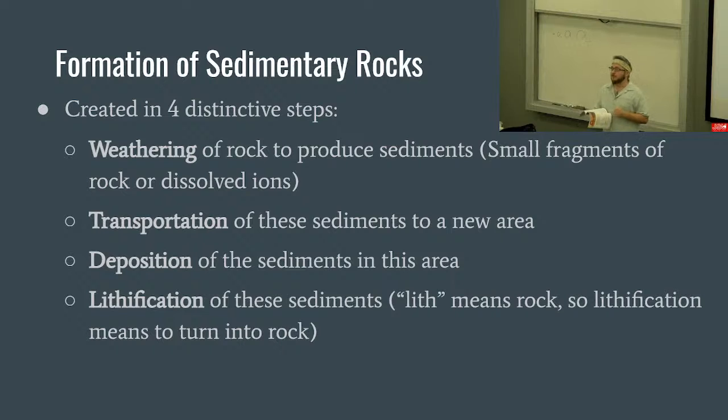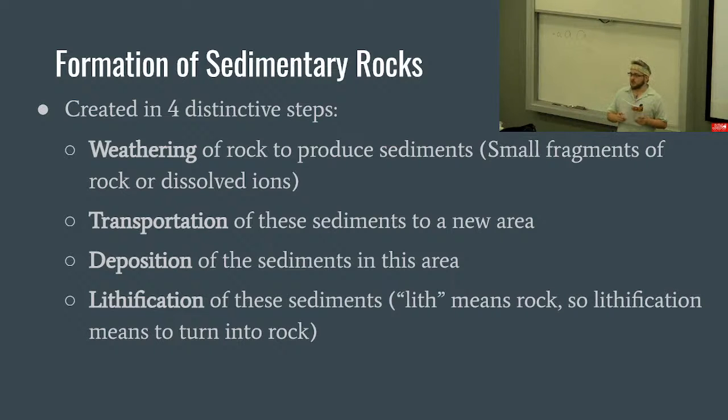So next we have deposition. Deposition is essentially where the sediments end up. We touch on deposition more in depth in historical geology, but not really that much here.